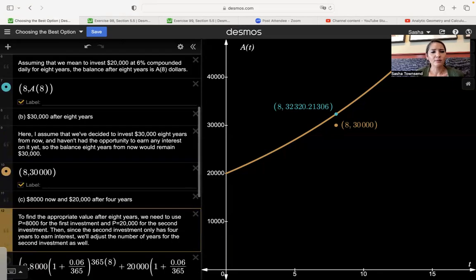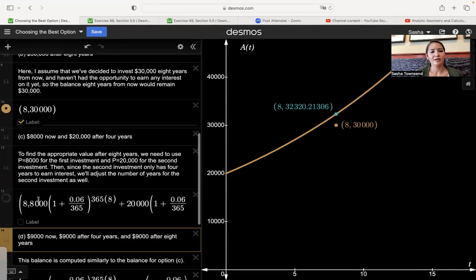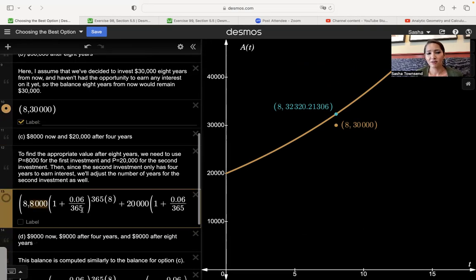Now in option C, we're told that we could invest $8,000 now and then invest $20,000 after 4 years. So here we have to be careful. The principal actually changes. With the $8,000 that would be invested now, we could invest that at 6% and then leave it in the account for 8 years. So that would give us 8,000 times 1 plus our interest rate divided by 365, raised to 365 times 8. That's the number of times we're compounding that interest for that first $8,000.